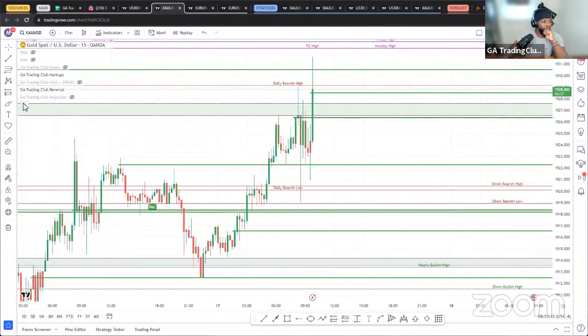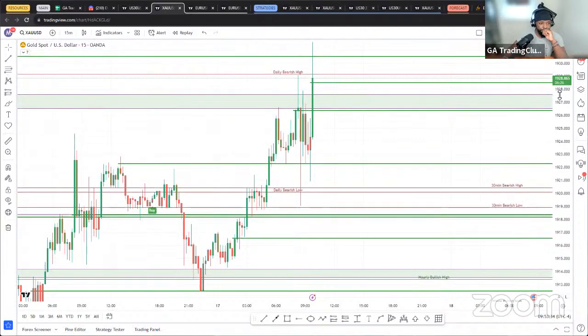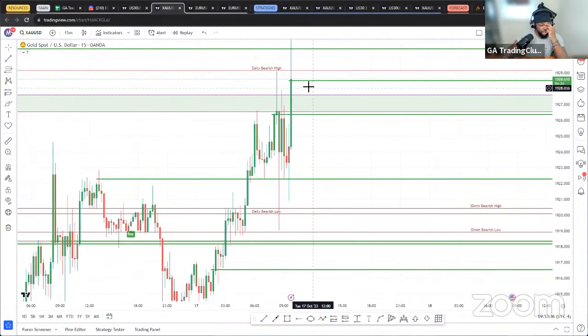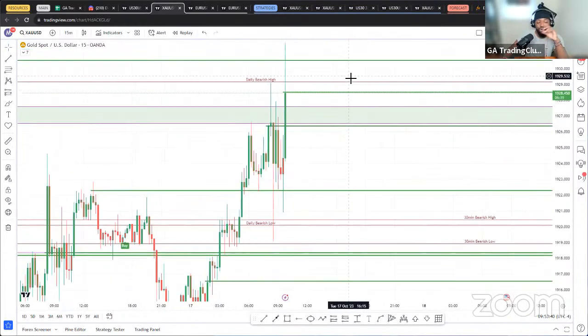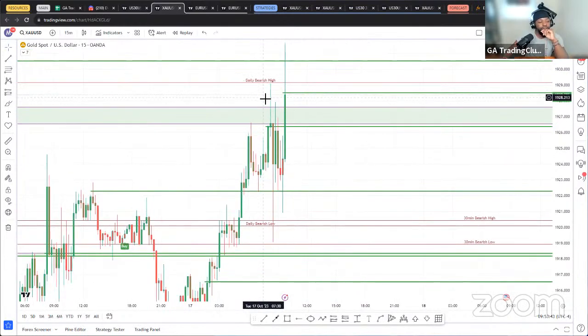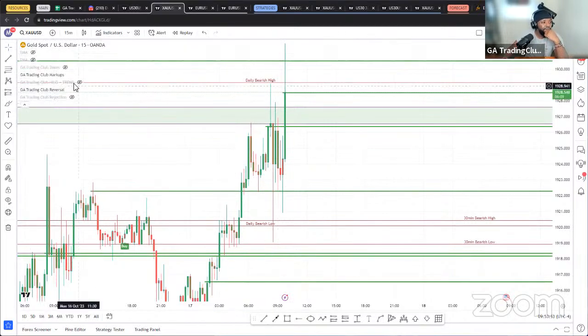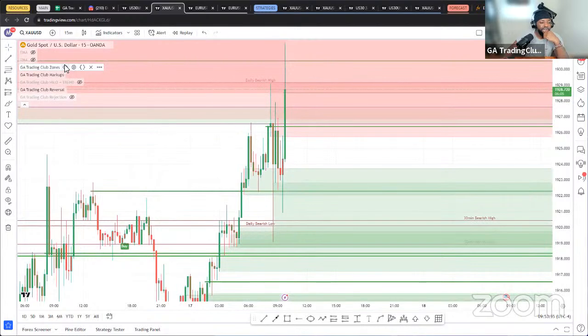So if you guys remember when we used to trade order blocks, these daily order blocks rarely come up. And at these zones, this is when you have only one chance to hit a sell. I know I haven't traded that way in a minute, but we do have a daily bearish order block here at 1929. And if I turn on the zones indicators, we have a bunch of sellers.